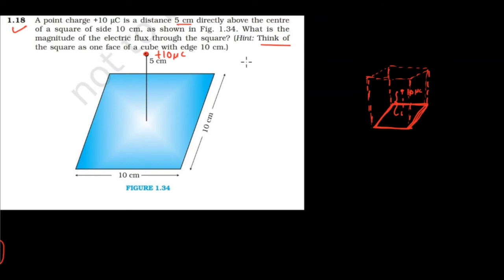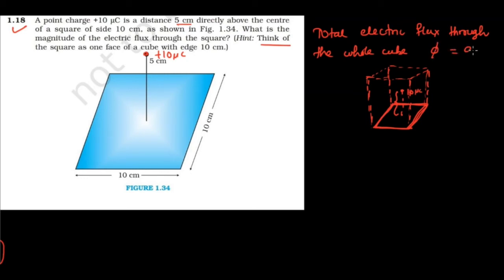So using Gauss law, can you tell me what is the total electric flux through the whole cube? Yes, we can answer it. Phi equal to Q by epsilon naught. This is the electric flux through the whole cube.